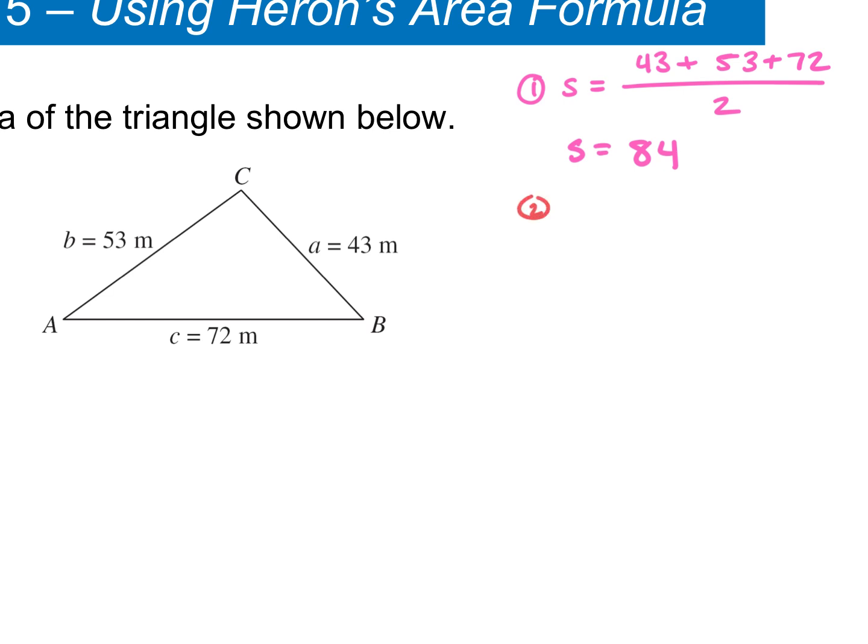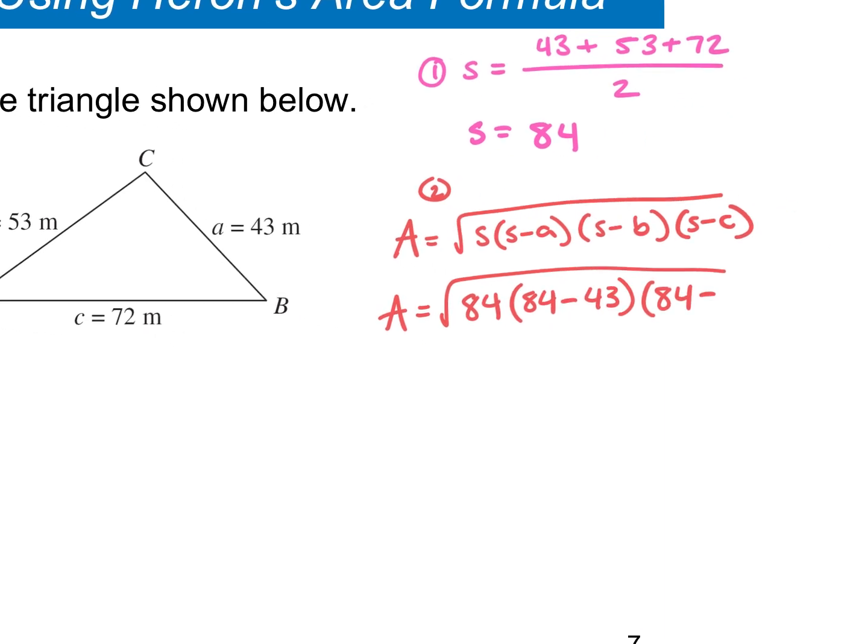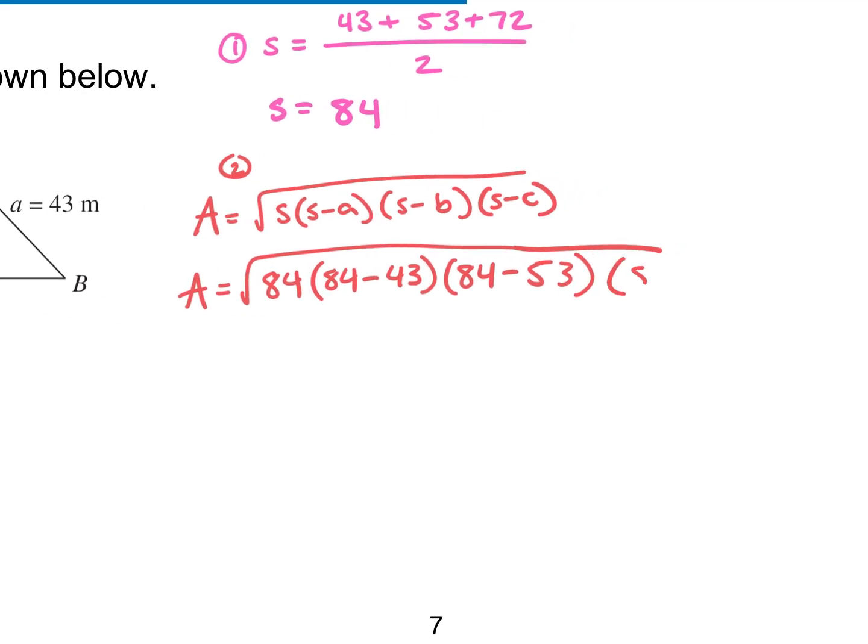Second thing we're going to do is actually plug it into our area formula. So our area is the square root of S times S minus A times S minus B times S minus C. So our S we said was 84, times 84 minus our A, which is 43, times 84 minus B, which is 53, times 84 minus 72.